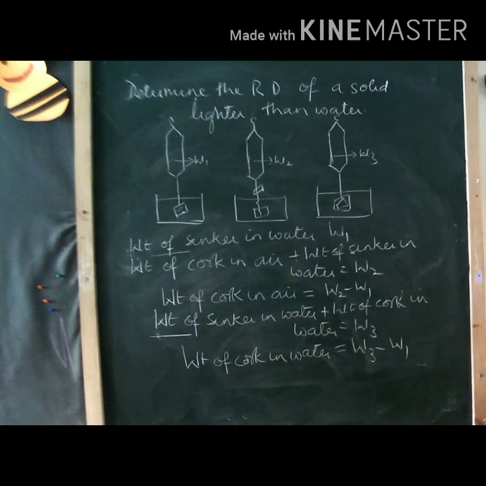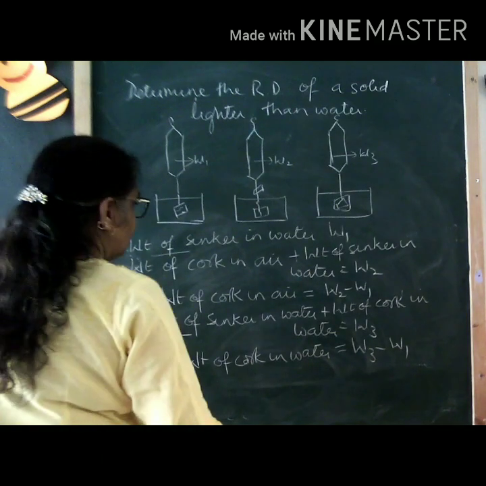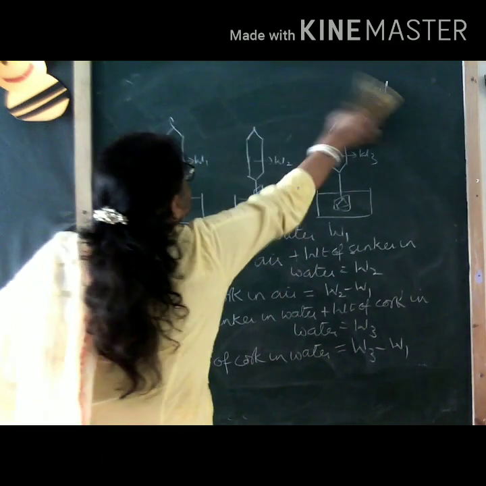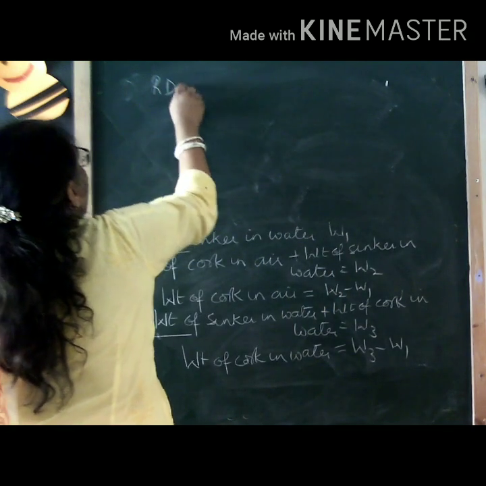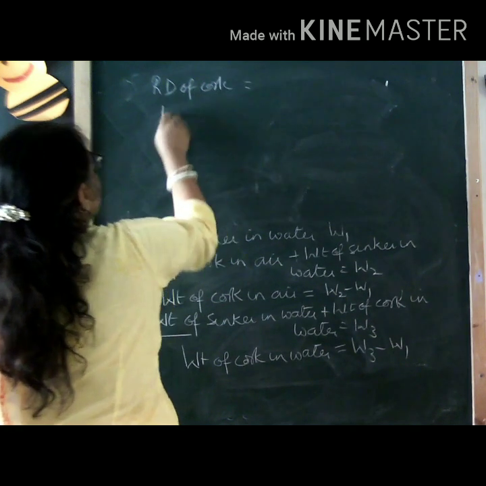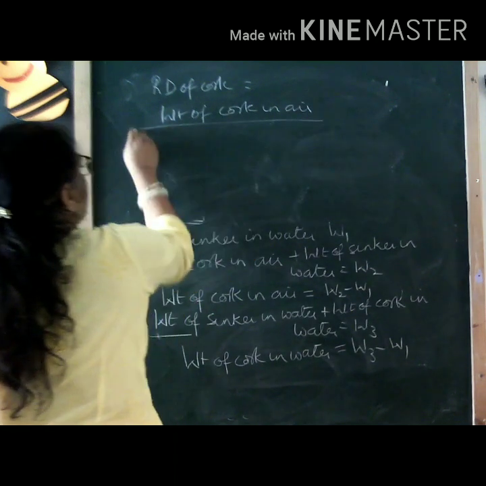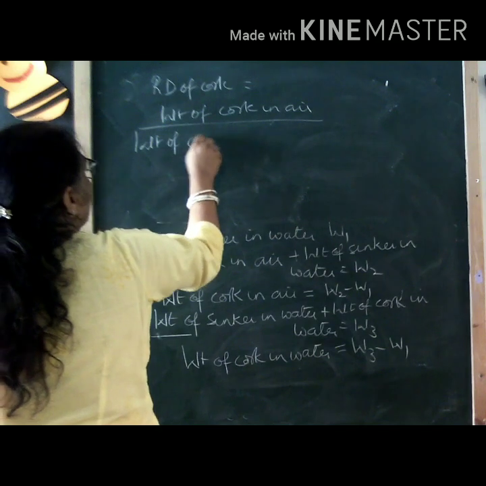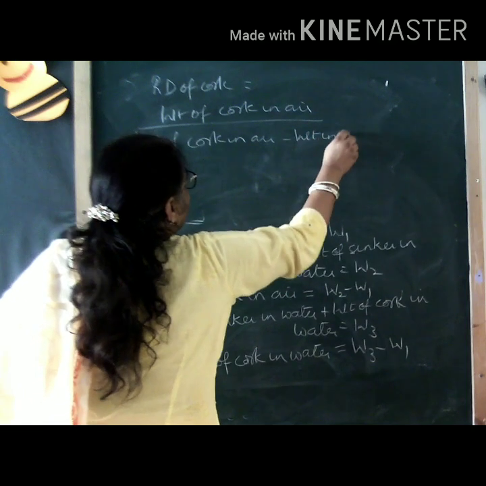Right? So now I have weight of cork in air as well as weight of cork in water. So now the relative density of cork is equal to weight of cork in air upon weight of cork in air minus weight in water.